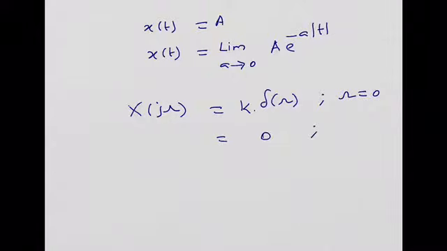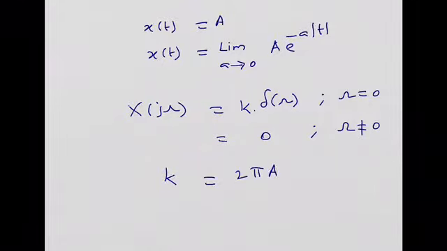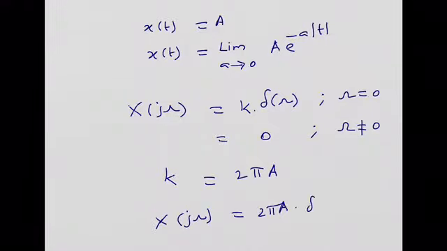At all other places, for remaining values of omega, the spectrum will be equal to 0, where k is given by 2 pi A, isn't it? So the X of j omega can be finally rewritten as k into del of omega, which is written as 2 pi A into del of omega.